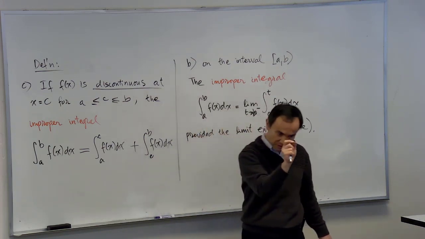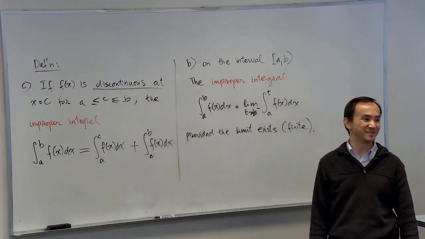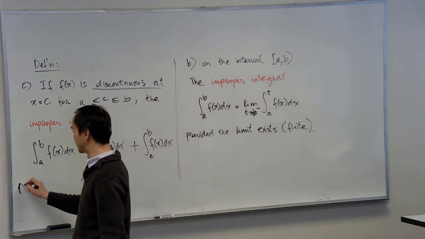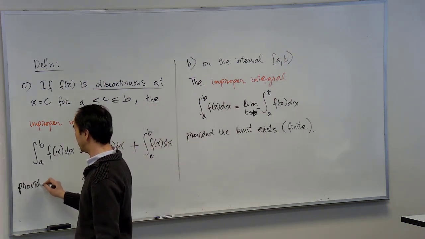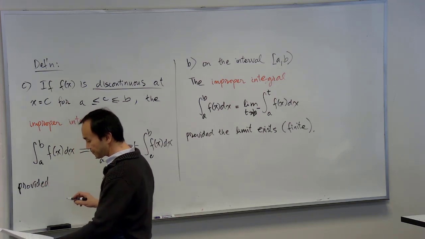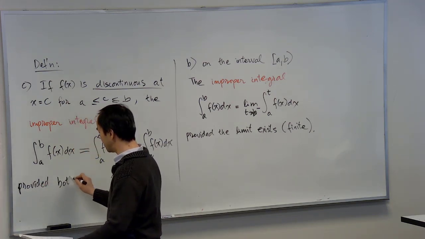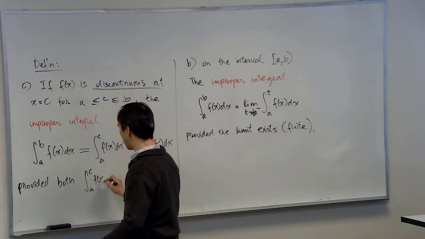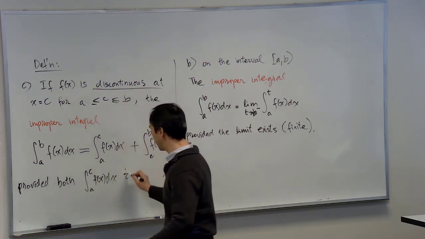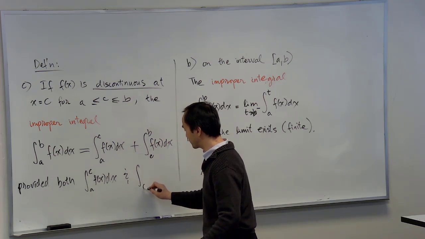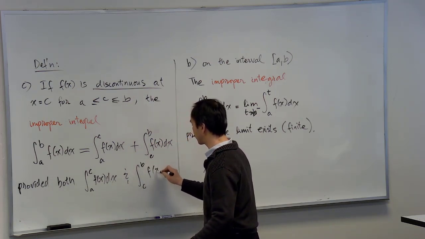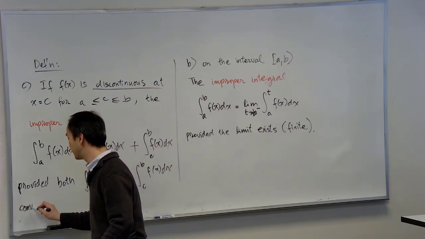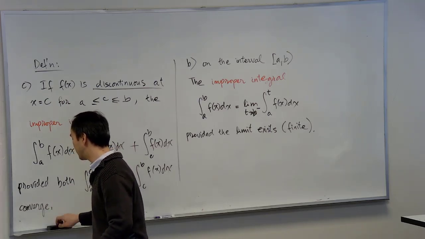That's what 'defined as' means, provided the two integrals exist. Provided both the improper integral from a to c, and the improper integral from c to b of that same function, converge.